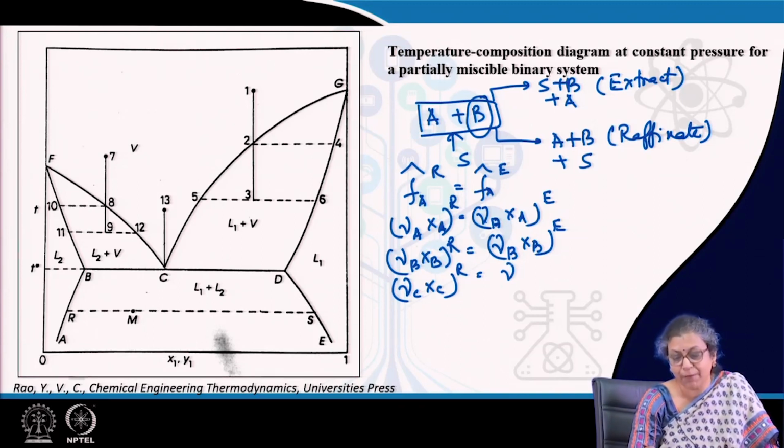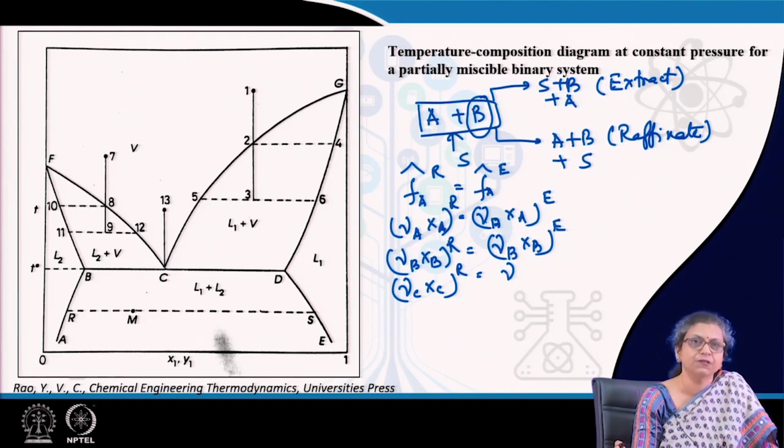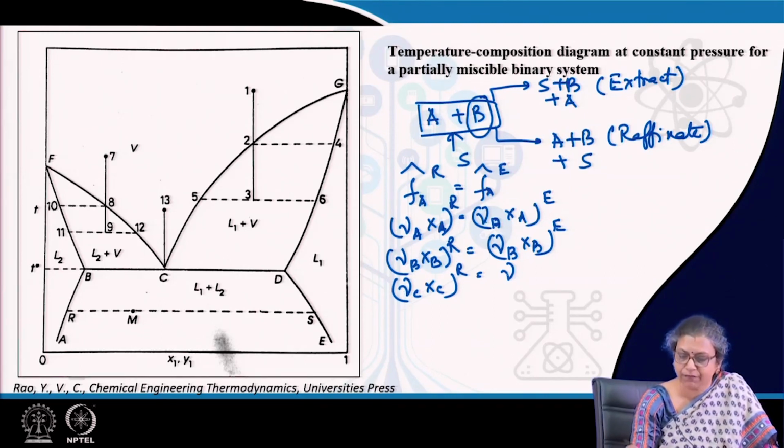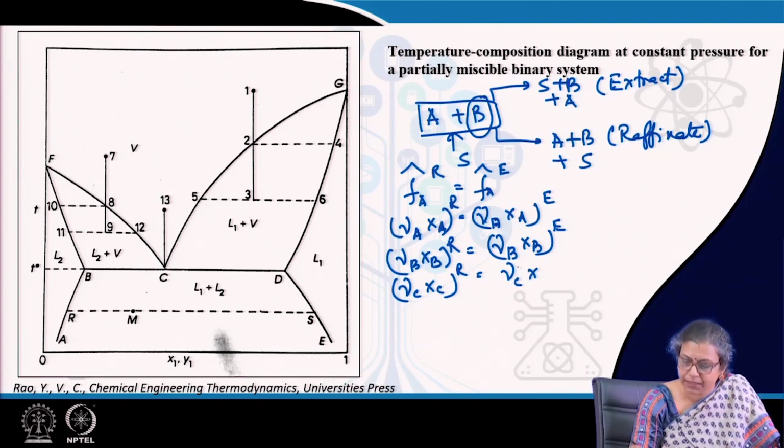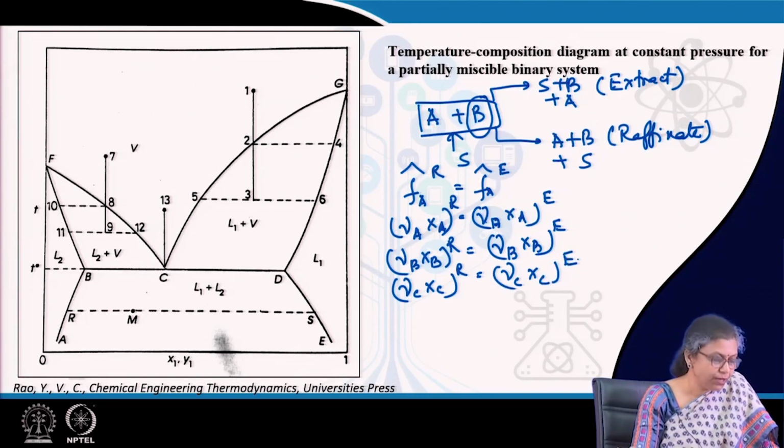So, therefore, gammas are extremely important in this particular case. The process of finding out gammas is the same, but in most cases we have to include the gammas in the phase equilibrium equations written down for liquid extraction.